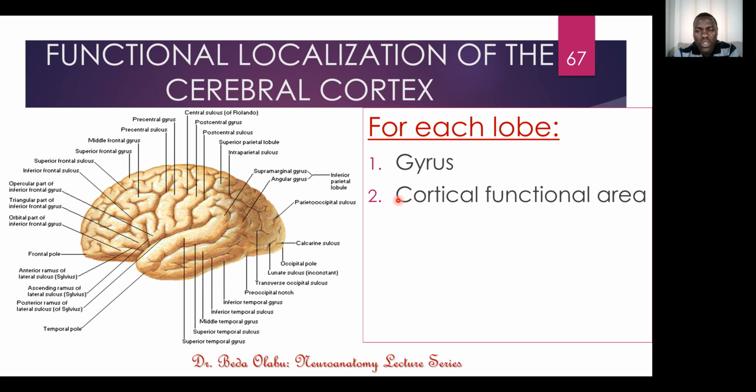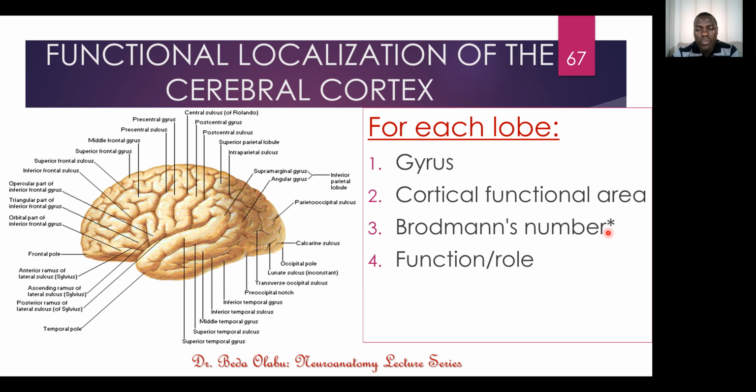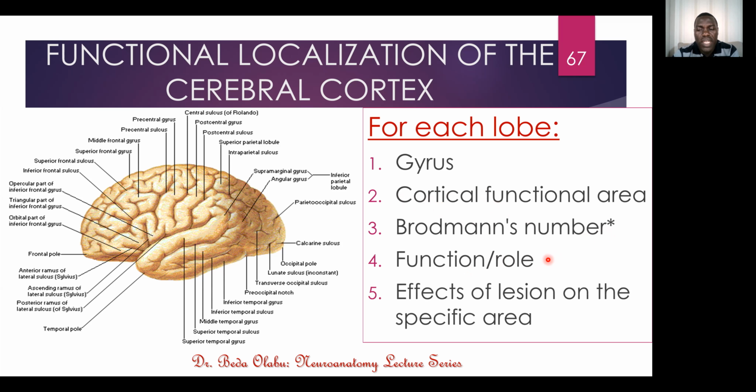So I'm giving that cortical functional area. Those cortical functional areas have a number, and where possible, I'll give you the Brodmann's number. I've told you they are between 1 and 52. Then importantly, of course, we'll state the role of that cortical functional area. What role does it do? And tailored to that, we'll then look at the effects of injuring such a specific region. So this is our scope. This is our intention.